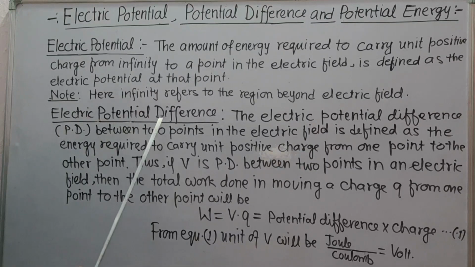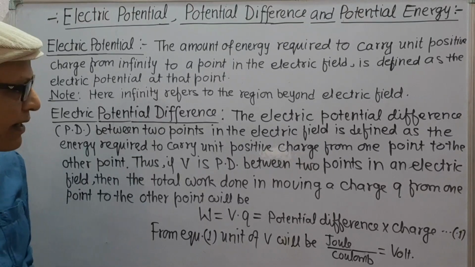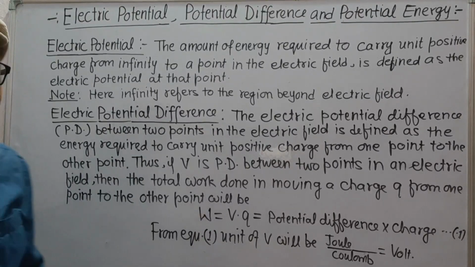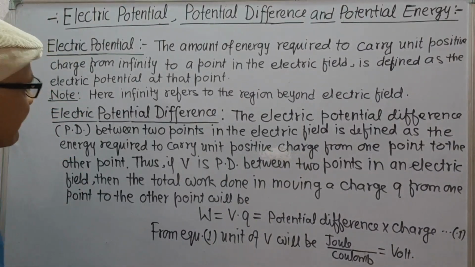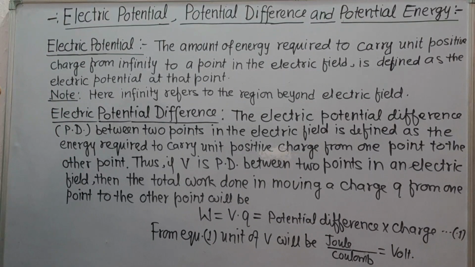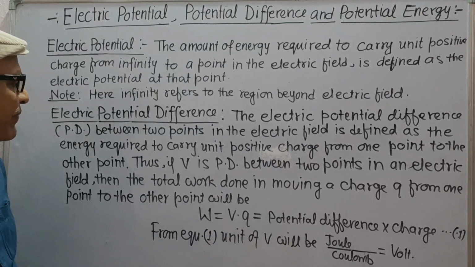Next, electric potential difference. The electric potential difference between two points in the electric field is defined as the amount of energy required to carry unit positive charge from one point to the other point. In this case, both points lie inside the electric field.